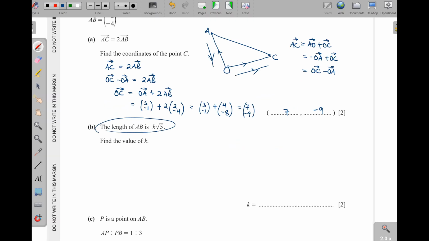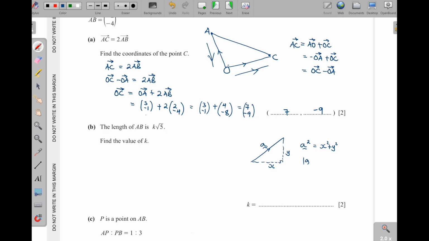Part B, the length of AB is k root 5. Find the value of k. If I have a vector here, and maybe that is A, that is its magnitude, there is movement in the x direction, and there is movement in the y direction. This is x, this is y. So using Pythagoras theorem, then A squared shall be equal to x squared plus y squared.